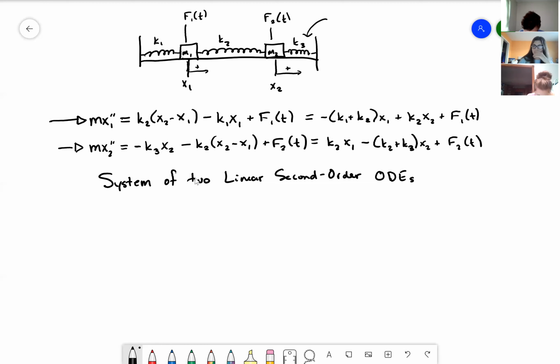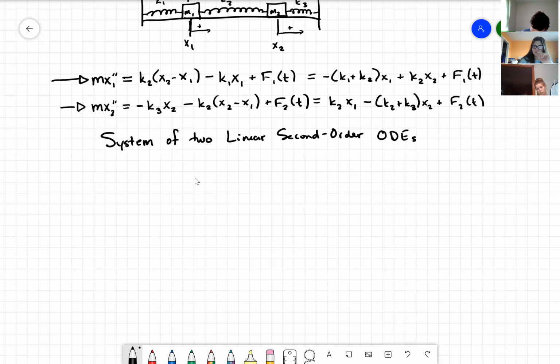So this is a system of two linear second order ODEs. But the title of the section was first order ODEs. So what's the connection between these two things?